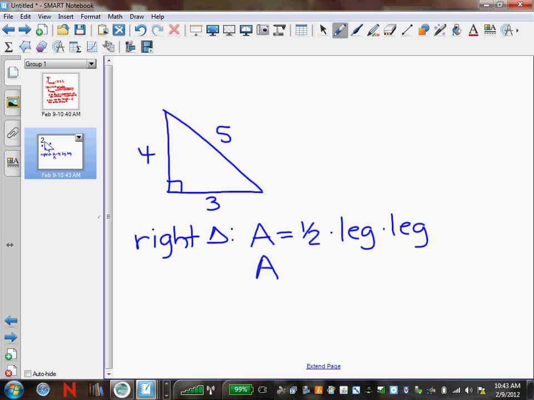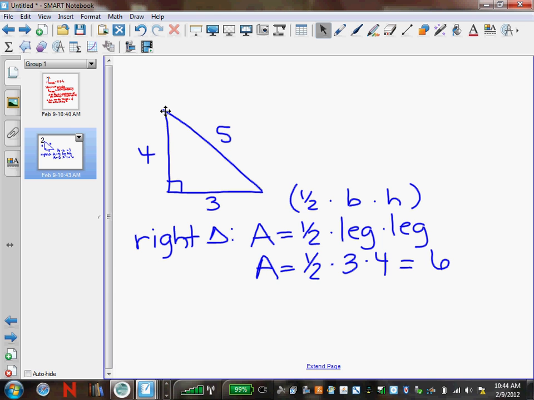So in this case, if we use 1/2 base times height, we will get 1/2 times 3 times 4. So half of 4 is 2, 2 times 3 is 6. So 6 units is the area of the triangle.